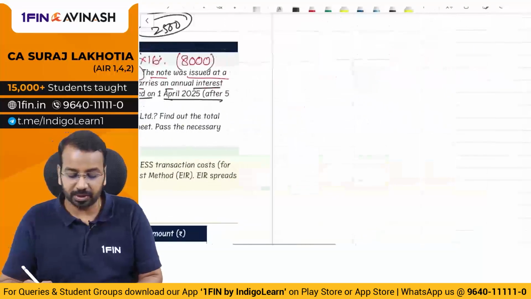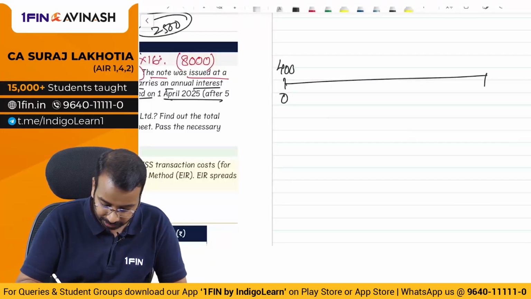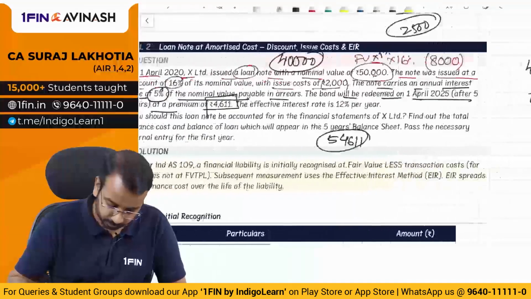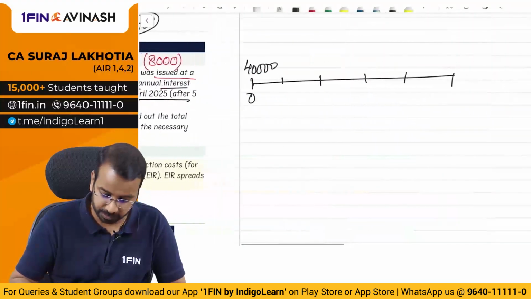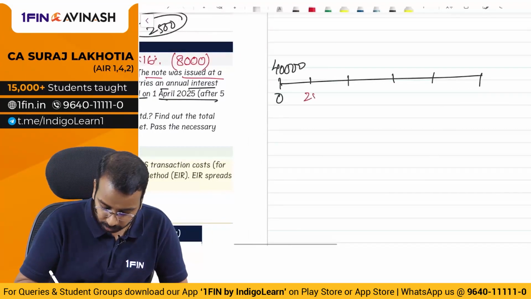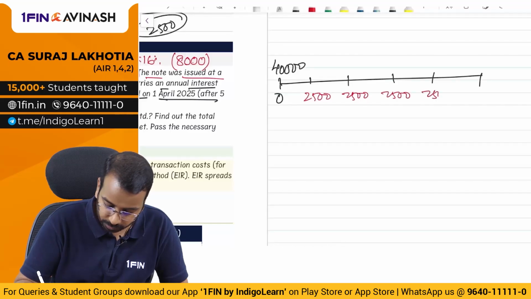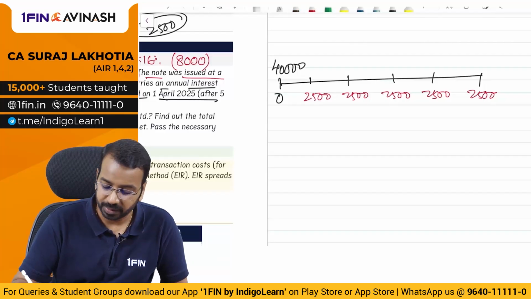So basically what has happened, at year 0 we have net collected 40,000, and every year, 1, 2, 3, 4, 5 years, yeah, 5 years, you will pay interest of 2,500, 2,500, 2,500, 2,500 and 2,500, and principal will be repaid at what value?